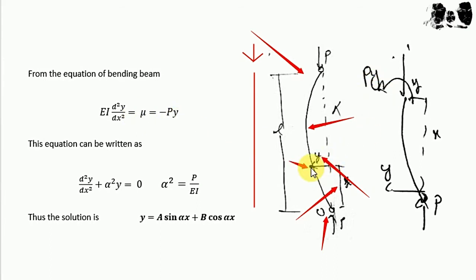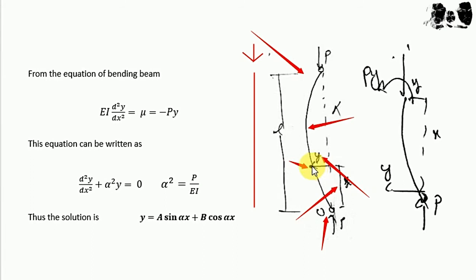If we try to find the moment according to this y point, or xy coordinate point, we easily can get it. It is P into y distance. Either side you can choose to find the moment. In both cases, the moment is Py.